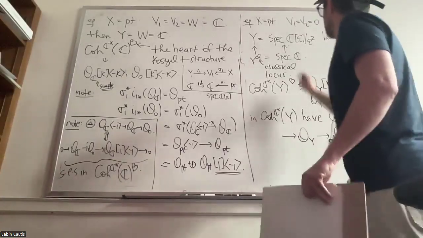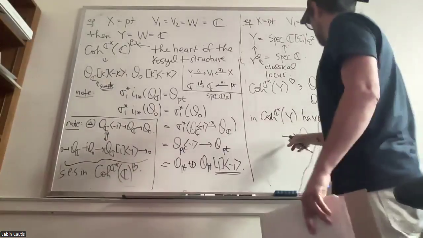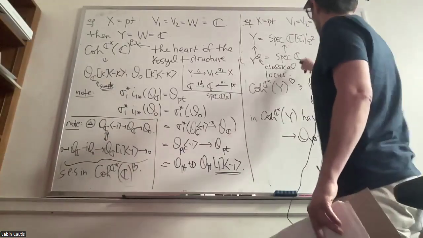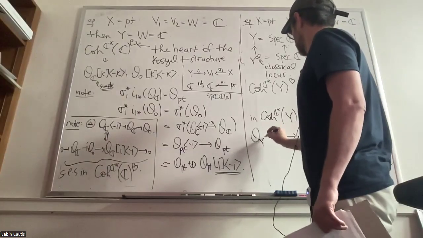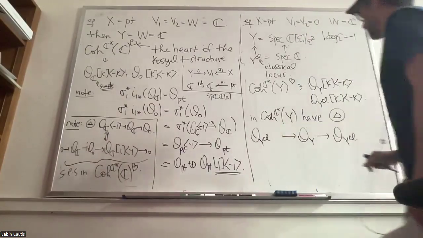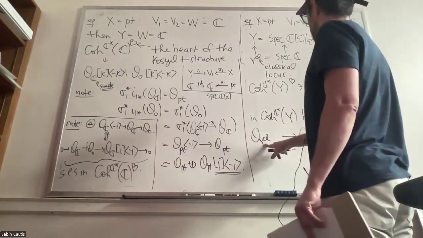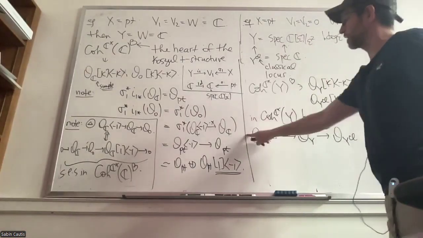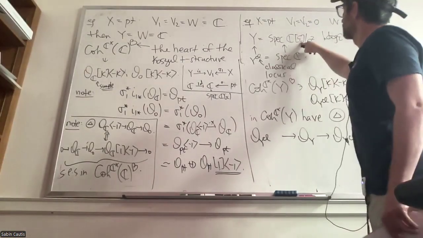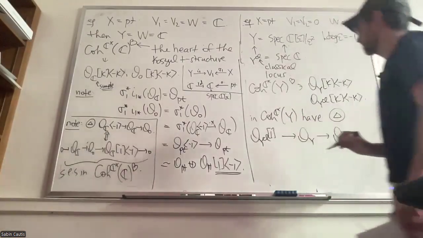And then, because this is C[epsilon] mod epsilon squared, it's basically two copies of C, and there's also something left over here, which is O of Y classical, but we have to keep track of this being times epsilon, right? And epsilon has homological degree -1, so it's shifted by 1.